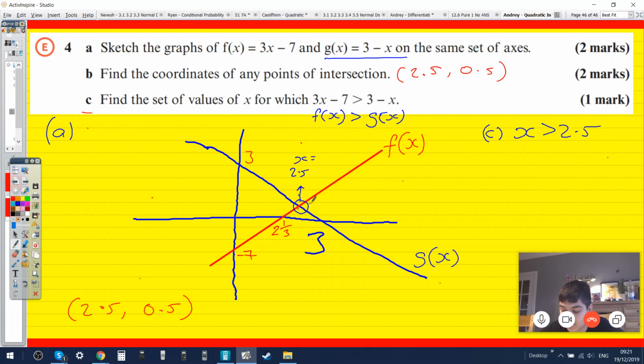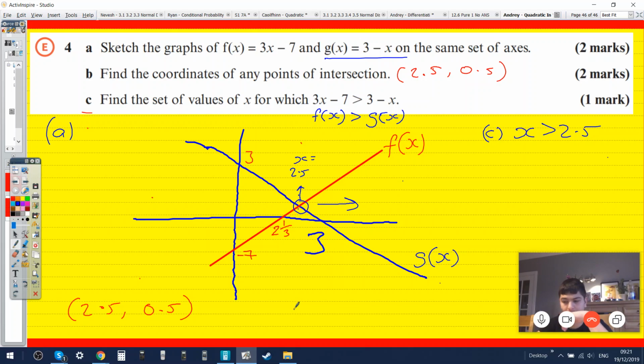When x is greater than 2.5, the red line is greater than the blue line. It's over it, has a bigger y. What if they had asked for 3x minus 7 is less than 3 minus x? Then x would be smaller than 2.5. Yes, exactly. So once you have your sketch, you can use that, or you can just do it the old way, and both will work.